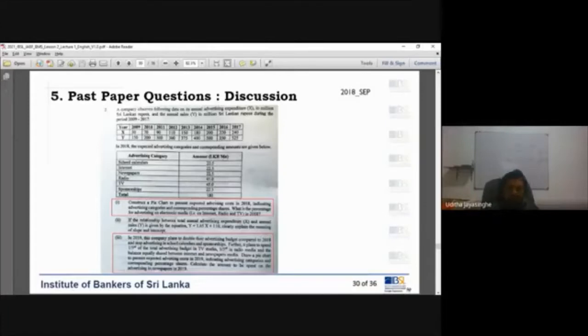So approximately 12%, 12%, 12%, and then 25% here, another 25%, and a 13% to total up to 100% shall give you the percentages. The last part is what is the percentage for advertising on electronic media. That means you have to identify what is electronic media, that is internet, radio, and TV. So you have 22.5, radio 45, and TV 45.